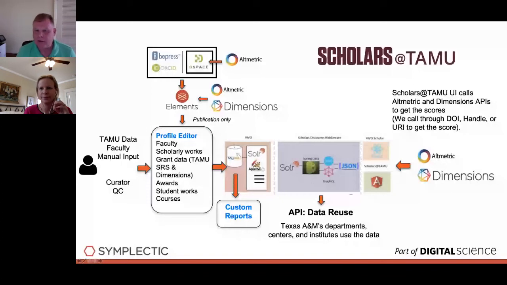So it's an interesting, complex system, but one of the benefits that we have found in working with Digital Science is the openness of their systems, which allows us to integrate their tools within our custom design system. We have emerging and interesting needs on campus, and we're trying to respond to them in an agile way. And we find this openness, the quality of the data and their APIs and so on, really allow us to build our system fairly quickly in a responsive manner.